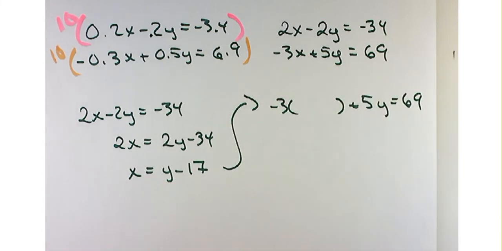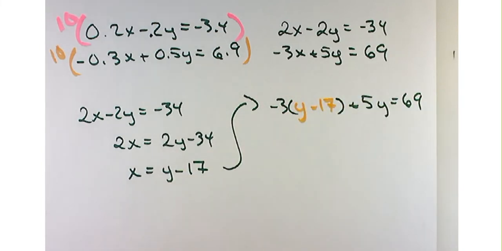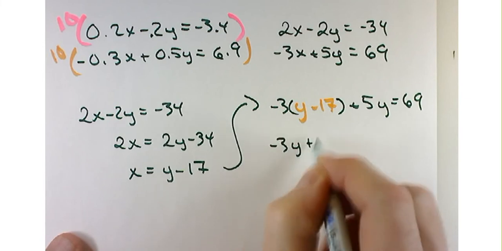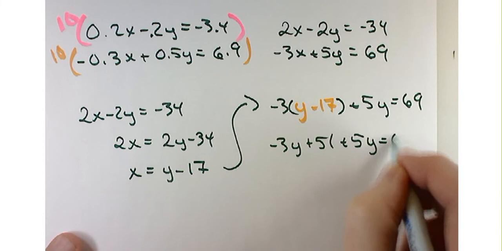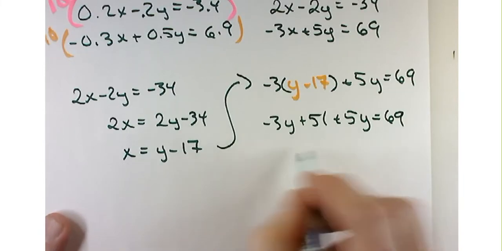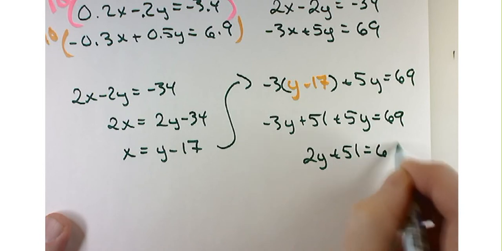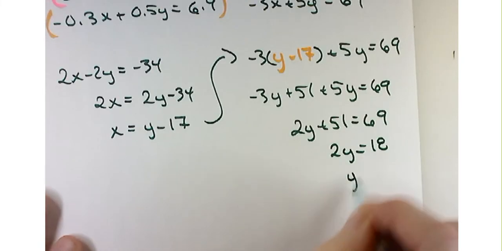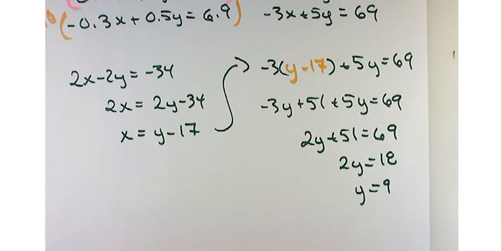Plugging in y minus 17, I get negative 3y plus 51 plus 5y equals 69. Combining like terms, I get 2y equals 18, so y equals 9.